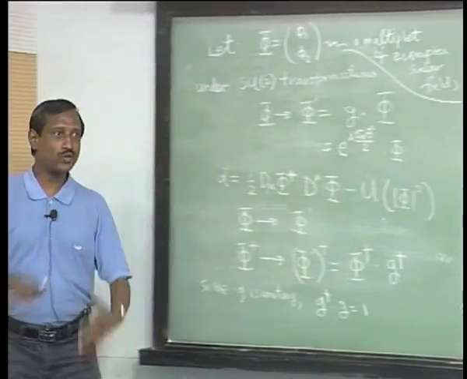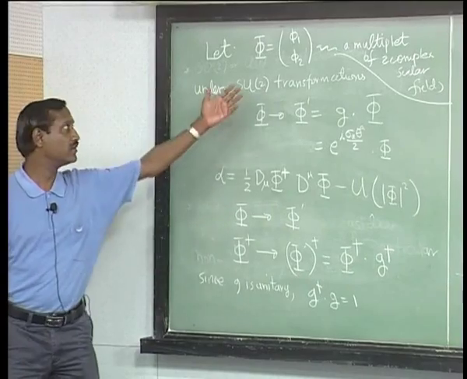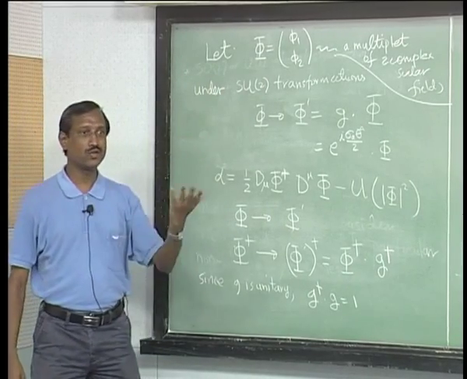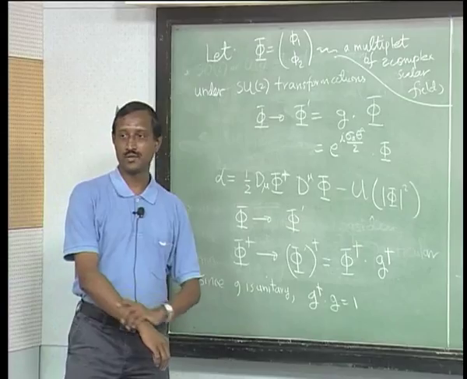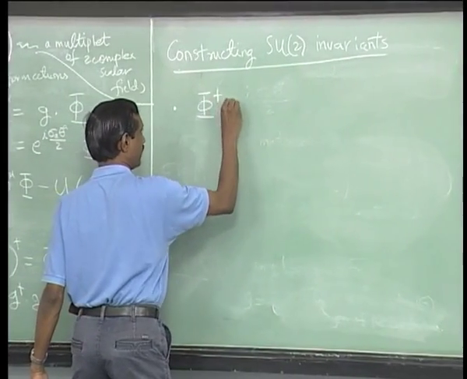I want you to give me some examples of objects which are invariant under the SU2, starting with the field phi. Of course, you are given this. Can you give me some example? Phi dagger phi. The first obvious one is phi dagger phi.